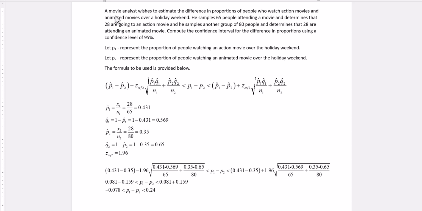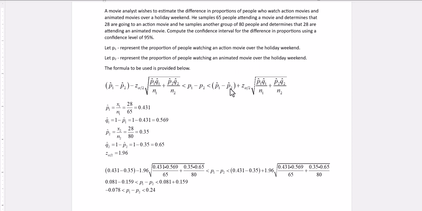Calculate the confidence interval for the difference in proportions using a confidence level of 95%. For this example, we'll let P sub 1 represent the proportion of people who are watching an action movie over the holiday weekend, and P sub 2 represent the proportion of people watching an animated movie over the holiday weekend.